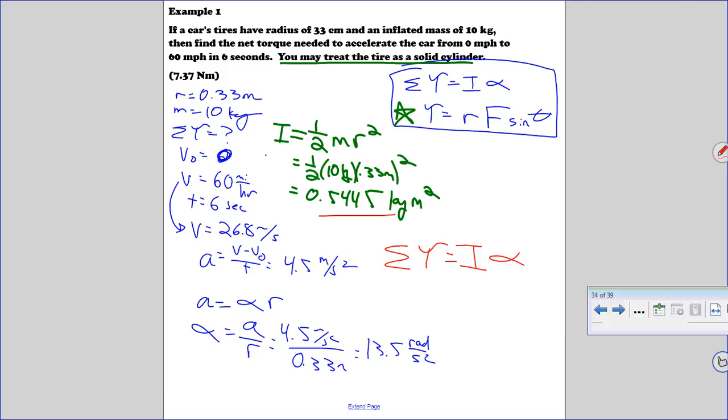Here's the I, here's the alpha multiplied out, and you get about 7.4 meters. Cool, you guys? All right. So that was basically just a demonstration of how you use that I alpha equation. The next example is a little bit more involved. Are there any questions with example 1 before I jump ahead to example 2?